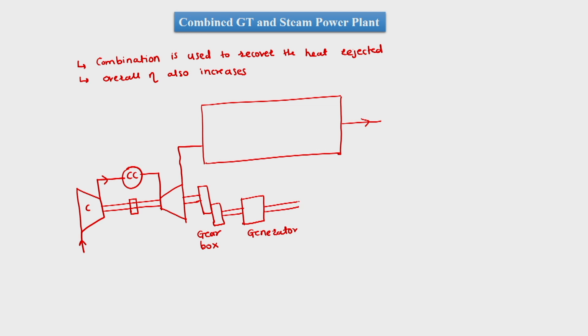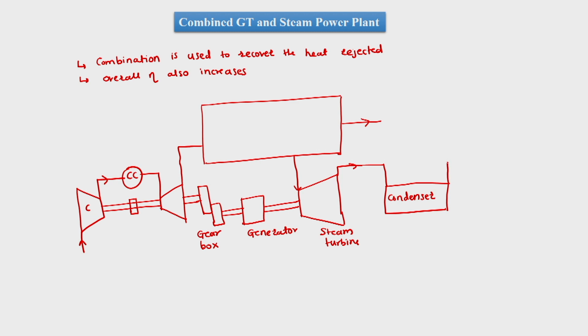Further, the generator is also connected to the steam turbine, which receives the steam from the boiler, and then it sends this steam to the condenser, and then it goes through a pump to the steam generator.